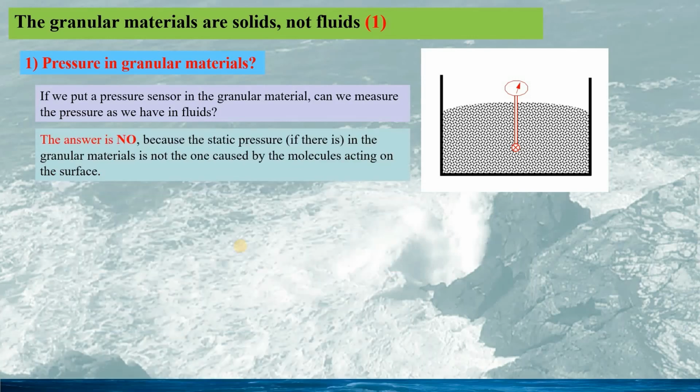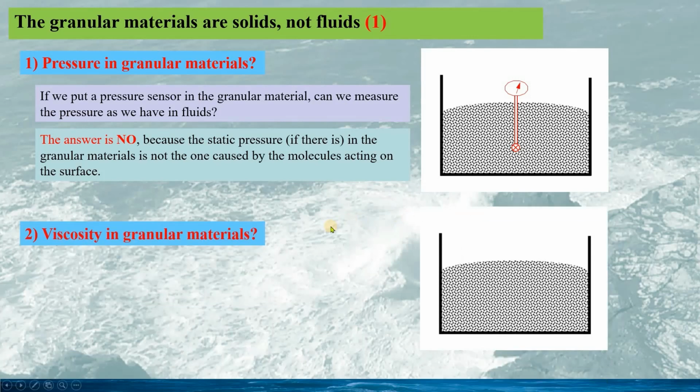The answer is no, because the static pressure, as we see in the figure, if there is one in the granular materials, is not caused by the molecules acting on the surface. Thus, there is no conventional pressure in granular materials.